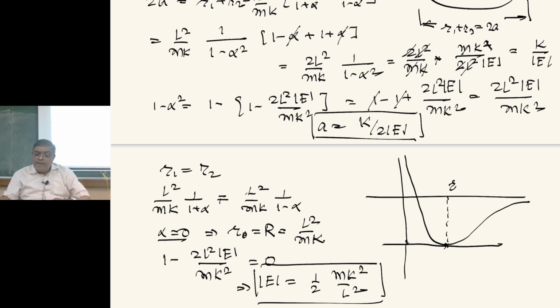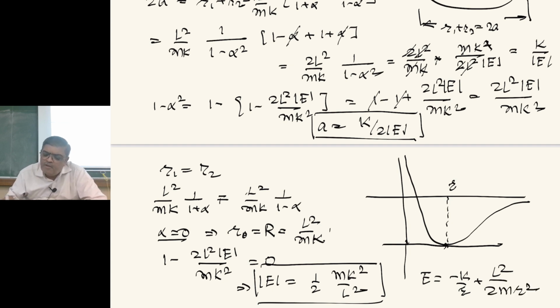Okay, I can go back and substitute the expression for E, which is equal to minus k by r plus L squared by twice m r squared, and substitute this value for r. That will also give me the total energy. Okay, I am sure you are going to get the same thing.